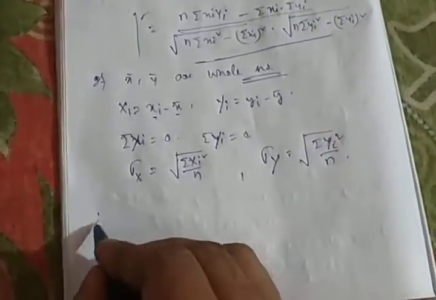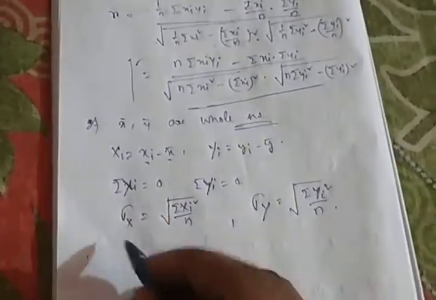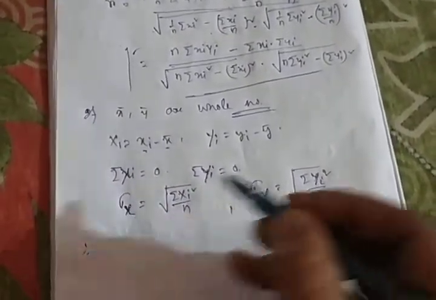So by putting this formula we will get small x and small y.